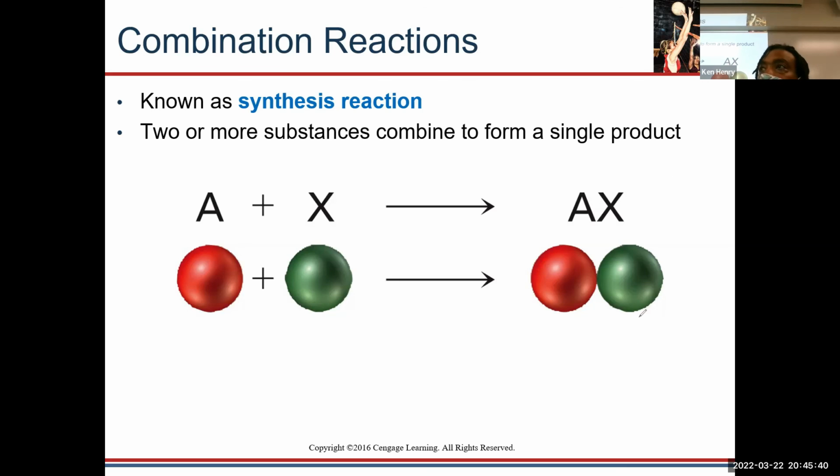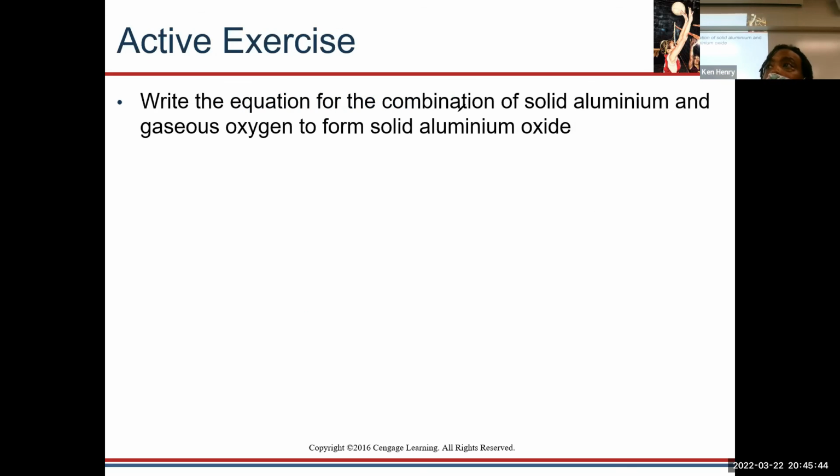An example: write the combination of solid aluminum and gaseous oxygen to form solid aluminum oxide.